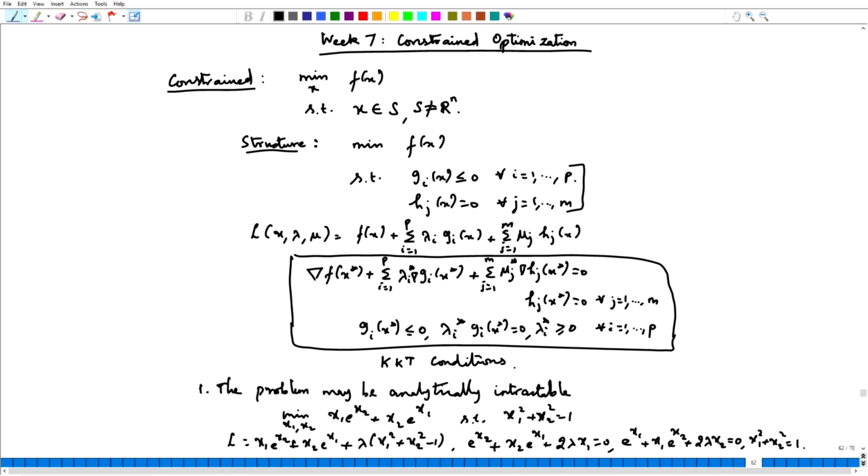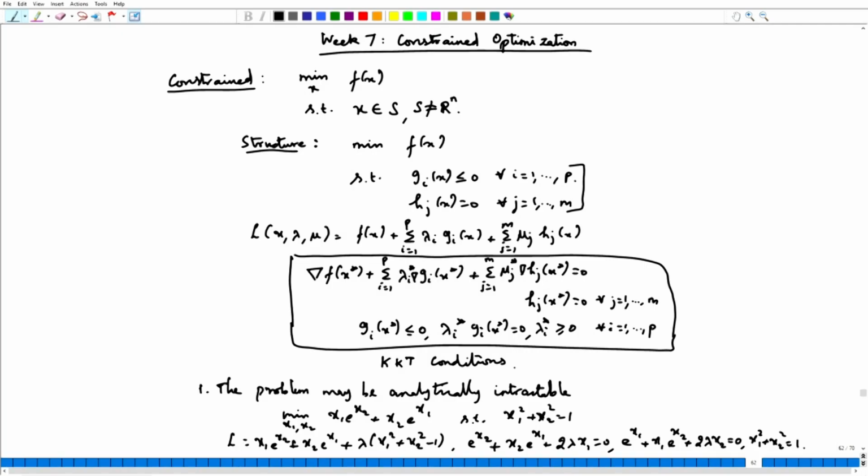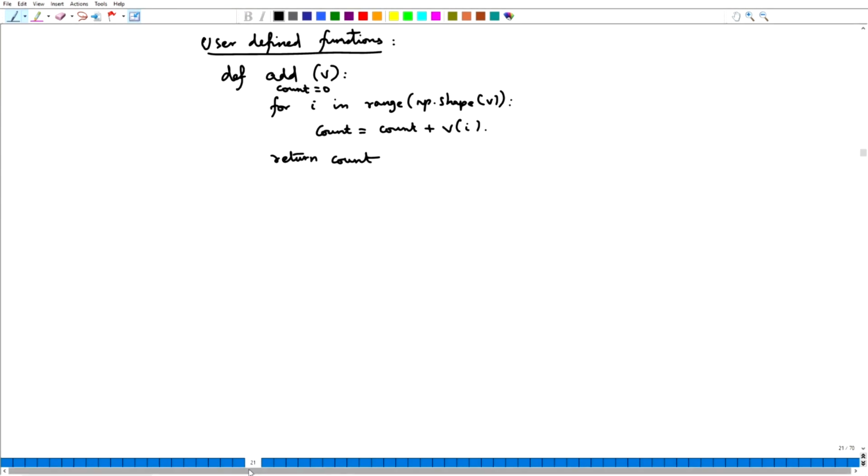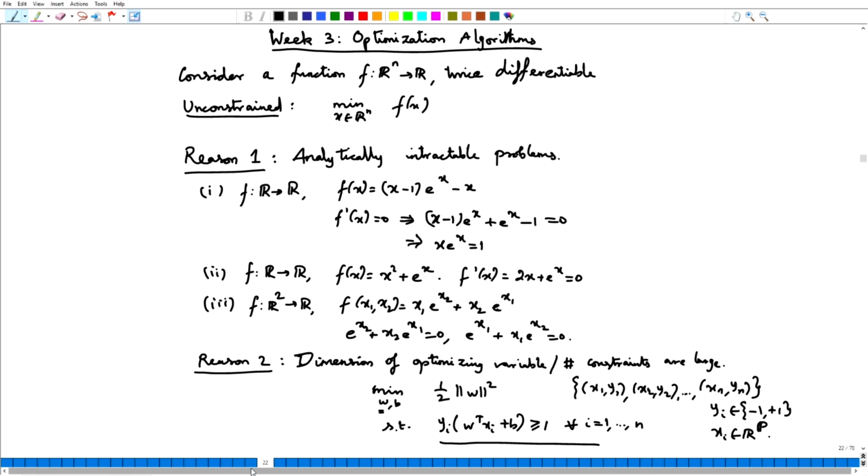Just by looking at the equations you can see that analytically you can never find the ordered pair x1, x2, lambda that satisfies all 3 conditions. So, you need to use iterative methods. This is very similar to what we discussed in the beginning of week 3.